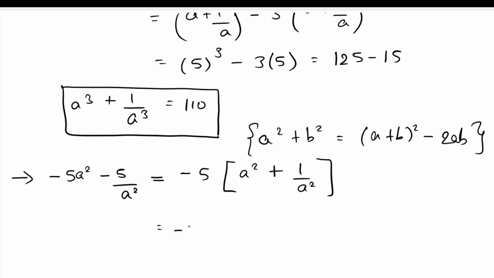So this will give us minus 5 into, this is a square, b square is 1 by a square. So applying the formula (a plus b) the whole square, a is a and b is 1 by a the whole square minus 2 into a, which is again a, and b is 1 by a.